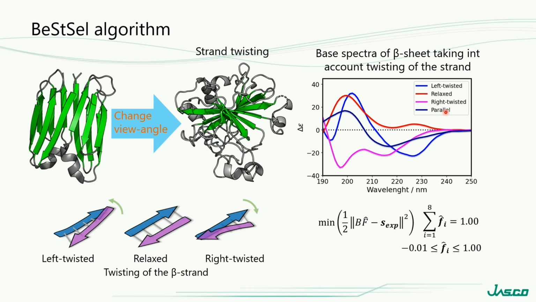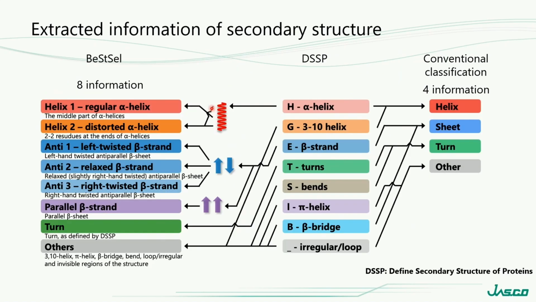So BeStSel has overcome the challenges to perform SSE based on this new definition. Specifically, by taking account of twisting, BeStSel provides 8 secondary structure elements, which is double that of conventional SSE.